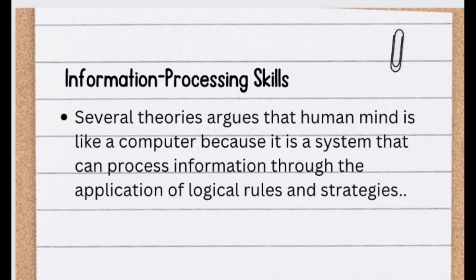Same as the computer, the human mind can store information, receive information, and perform operations to change its form and content. So, para gyud na effective bitaw ang information process sa bata, we should teach them or guide them to learn new things na mas madali ang ilahang information processing.